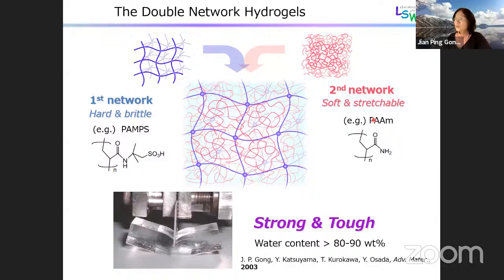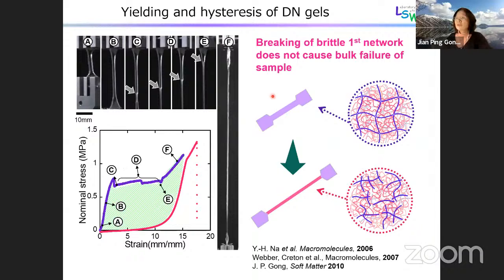And the other network, called the second network, is usually a neutral polymer, a loosely crosslinked network with a relatively high concentration, and the polymer chains are in a globule, coiled state. With such structures, we have a very strong gel. And this kind of strong gel shows a very unique internal fracture mechanism.